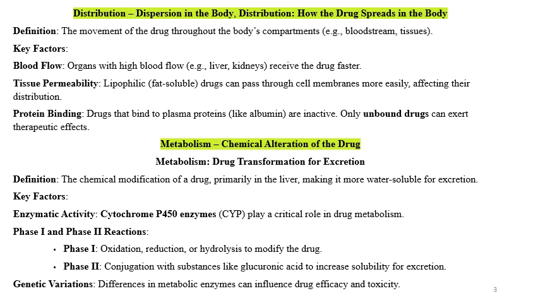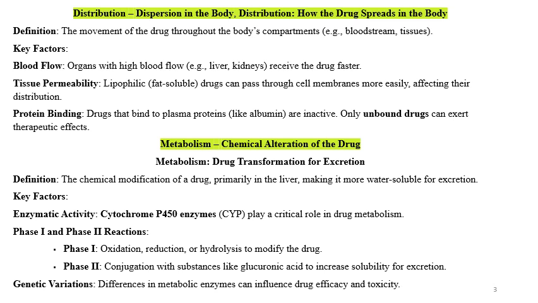Factors affecting metabolism are enzymatic activity, genetic variations, and many others. Enzymatic activity: cytochrome P450 enzymes play the critical role in drug metabolism. These enzymes are responsible for drug metabolism. Phase 1 and phase 2 reactions will happen for the drug metabolism.